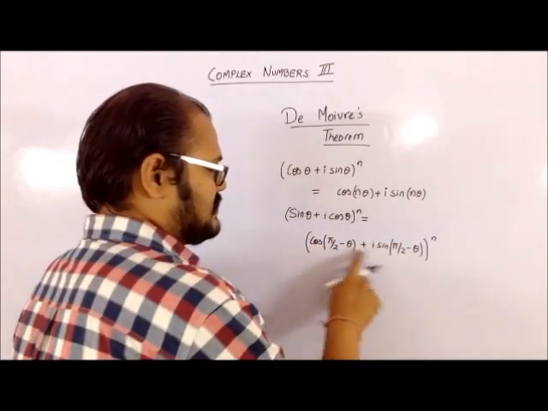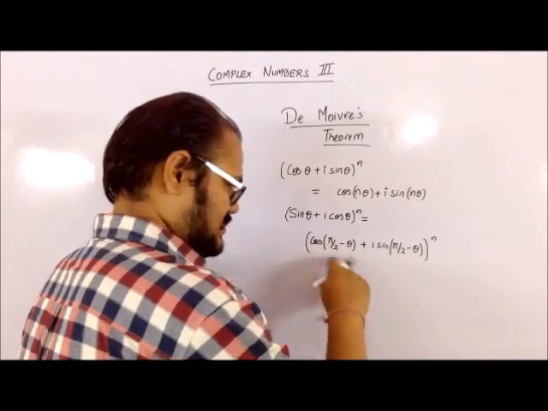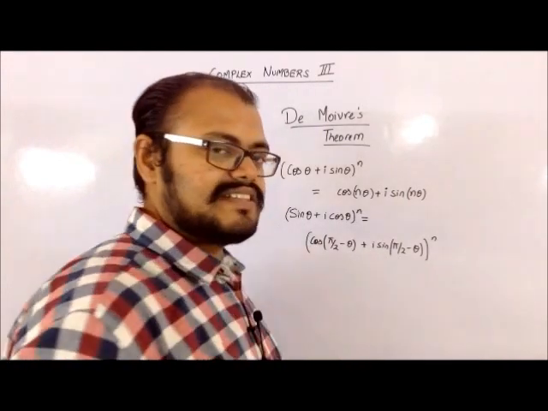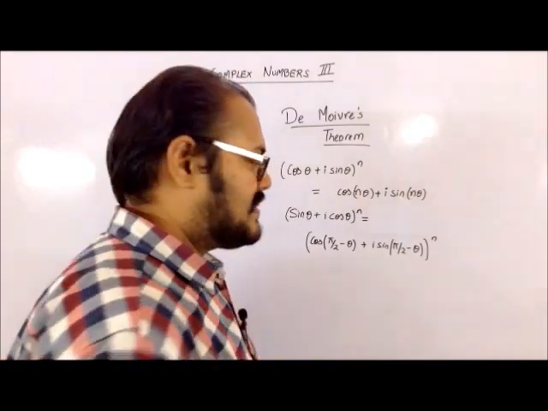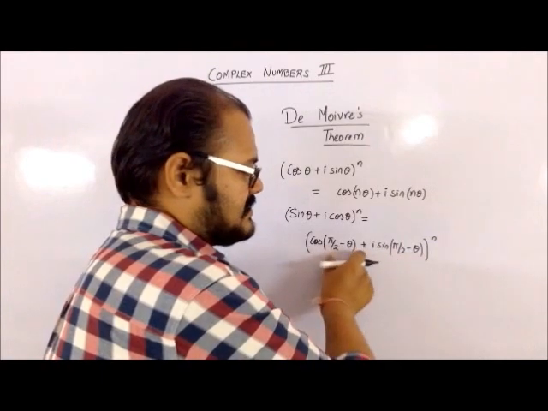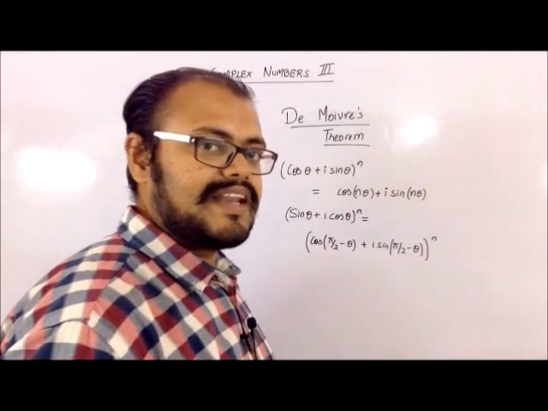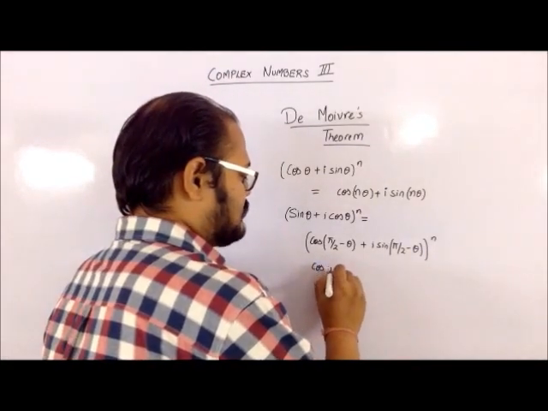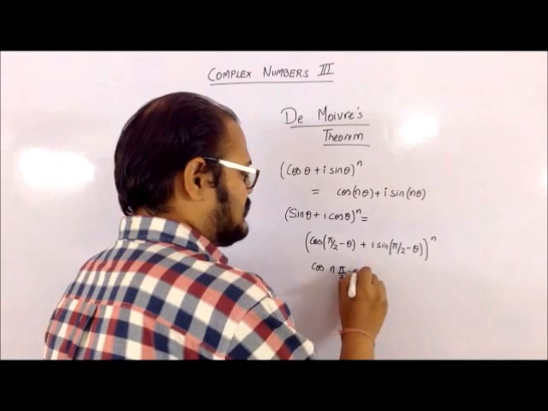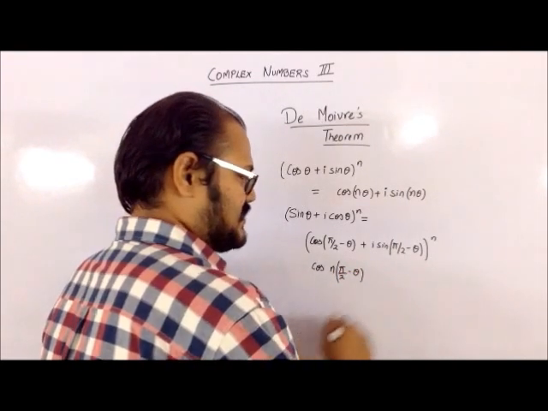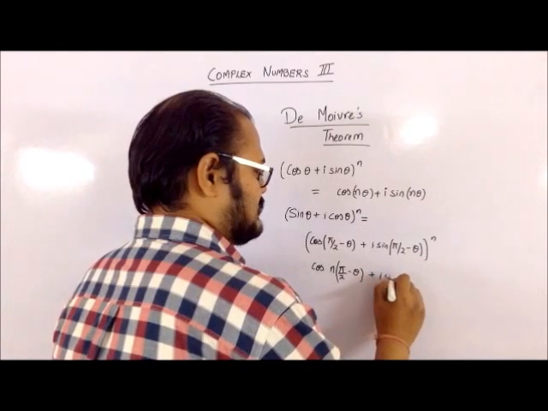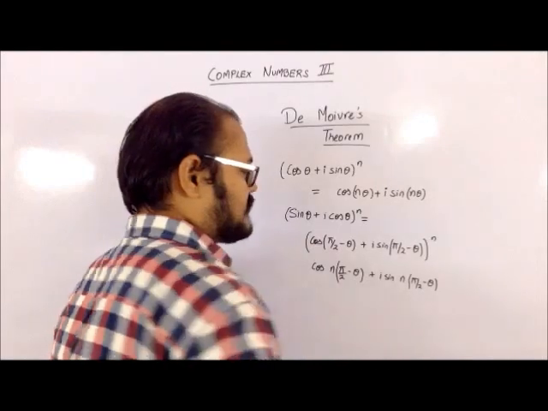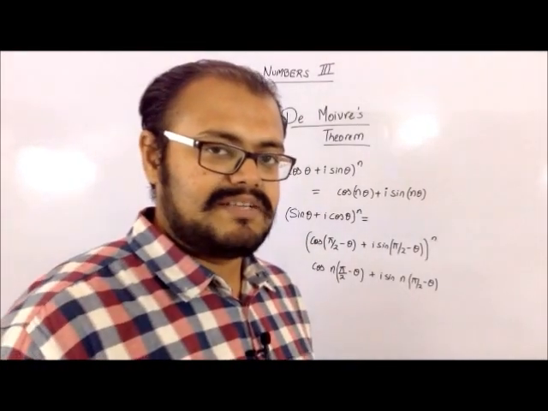So now you can see that the cos term is in the first place, which is the real part, and the sin term comes in the second place, which is the imaginary part. And also one thing you have to notice is that the angles are the same in both the cases. So now I can apply De Moivre's theorem, which states cos of n (pi by 2 minus theta), which now is my new theta, plus i sin n (pi by 2 minus theta). So this is how you apply your De Moivre's theorem.